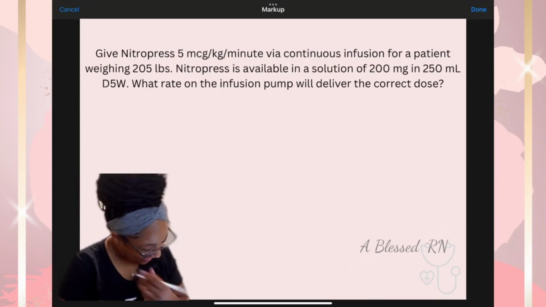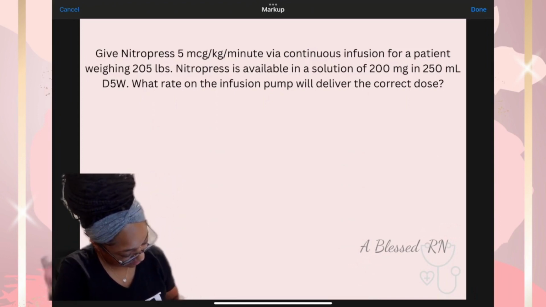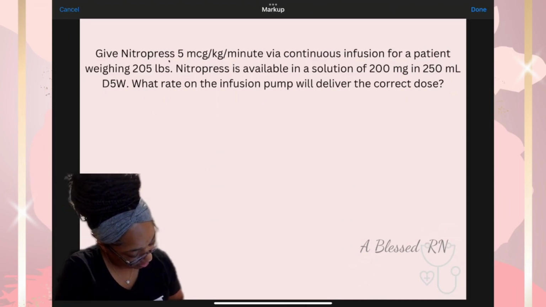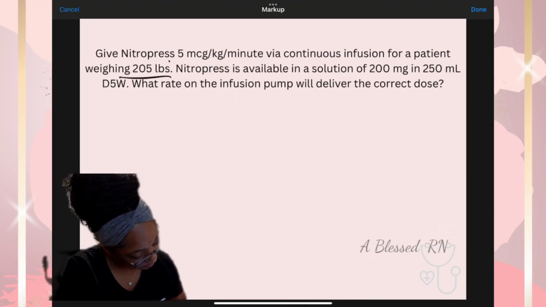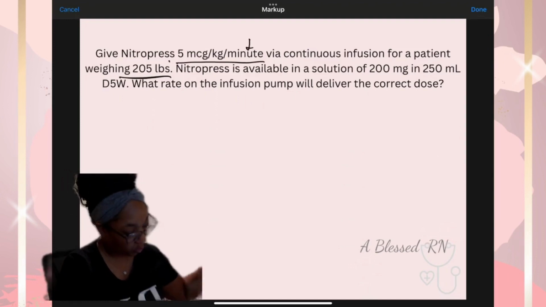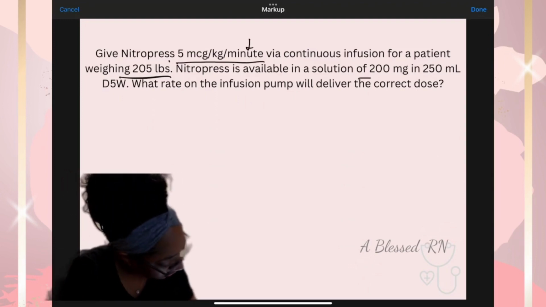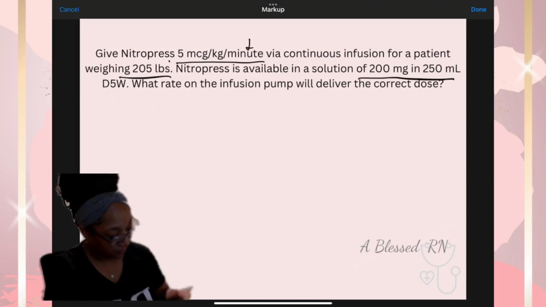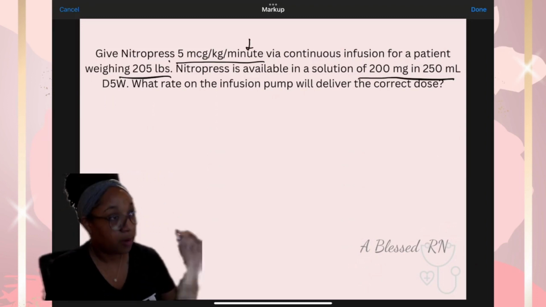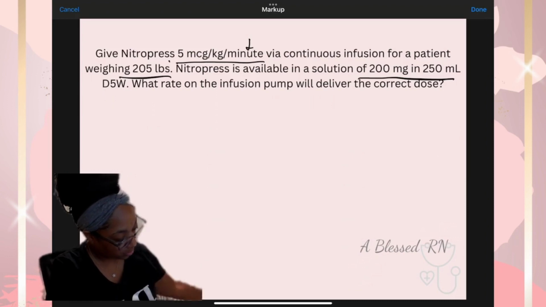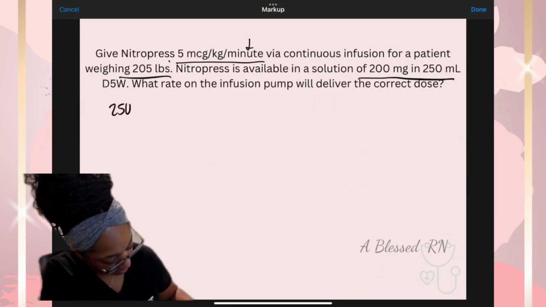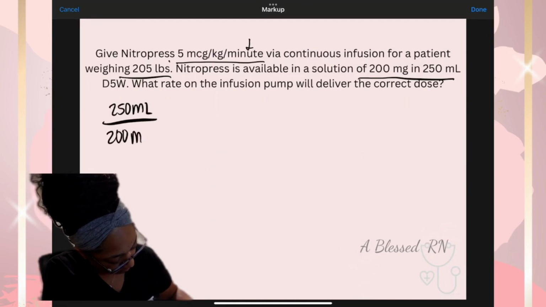All right, so let's do this one, and we got PPP, your patient right there, your prescription right there, and notice that it says minutes. It's in minutes. All right, and then this is your product. So let's start with what we have: product, prescription, then your patient. 250 mLs over 200 milligrams.